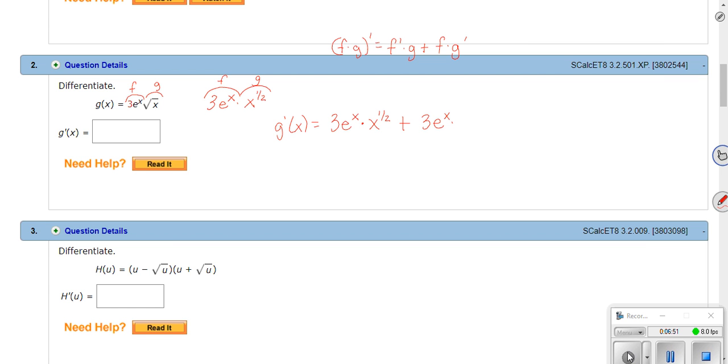The derivative of x to the 1/2 would be 1/2 x to the negative 3/2, right? Because you decrease by 1. Oh, sorry, not negative 3/2, negative 1/2. I apologize. So you take the 1/2 and you subtract 1, so you get minus 1/2.